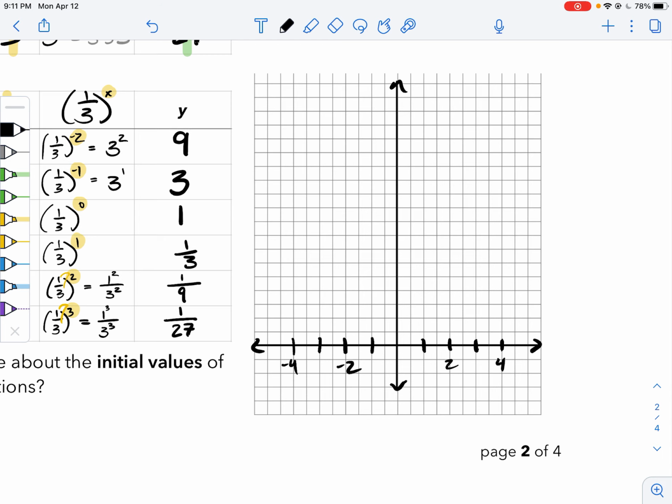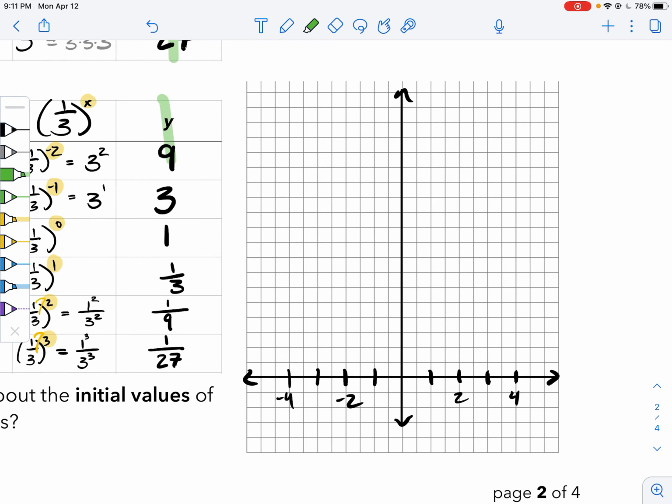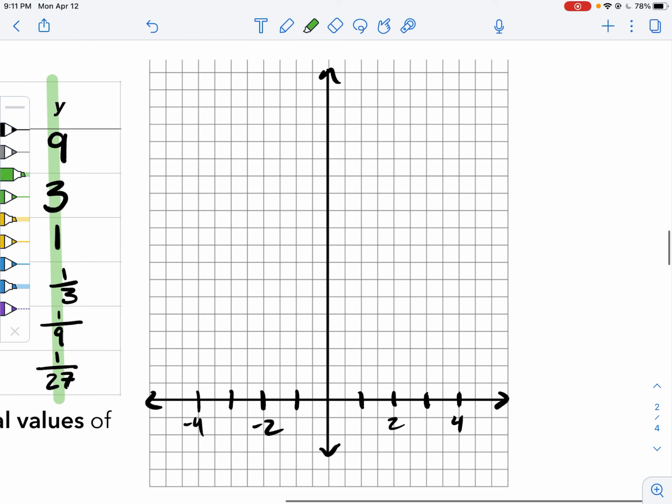We need to go up to 10 because our biggest y is 9, but 10 is just such a nice number. I'm going to try every other one, see if that works. 1, 2, 3, 4, 5, 6, 7, 8. Well, we made it to 9. That's what we're gonna do.